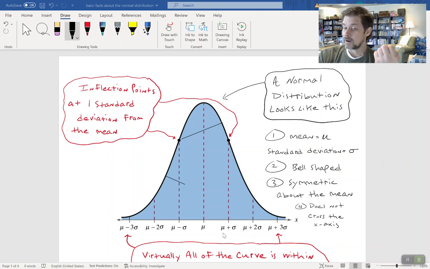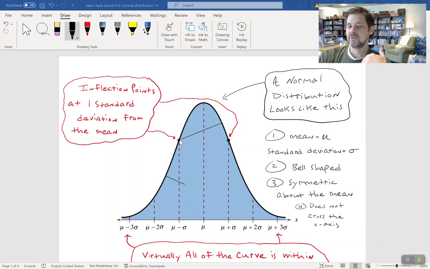Another way that it's sometimes described is that these points on the curve called inflection points occur, or mark, 1 standard deviation above the mean and below it. Inflection points are somewhat of a technical thing, but it's the point where the curve transitions from sloping upwards to sloping downwards. Think about the curve going up, and at some point it starts turning down.